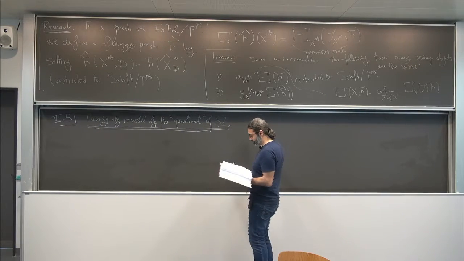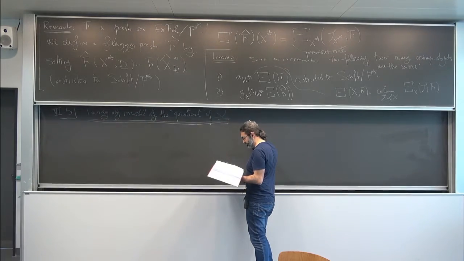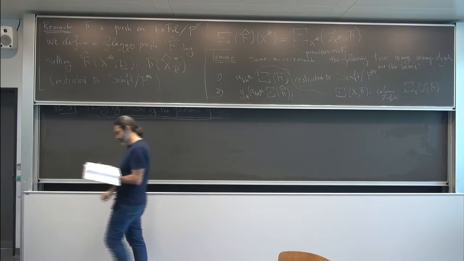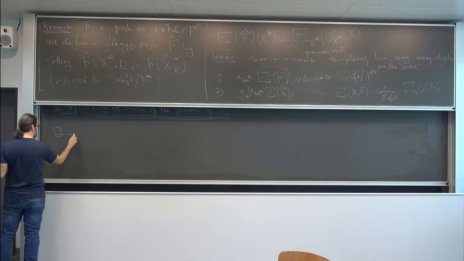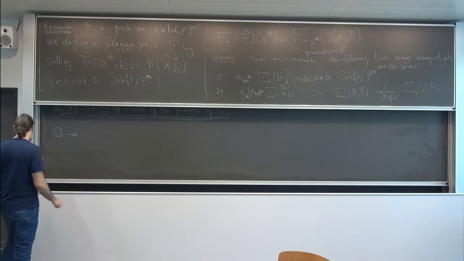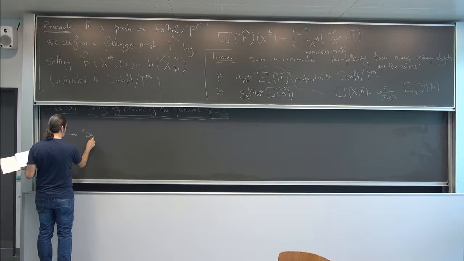Okay, so let me again, just to fix some notation, remind you of the situation. So far we have constructed the following map from omega to some map of spectrum.